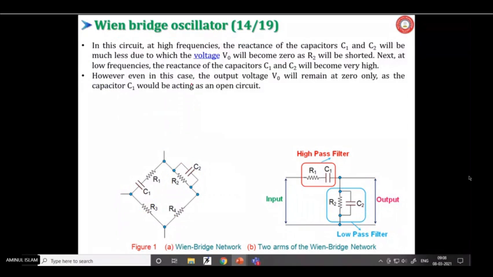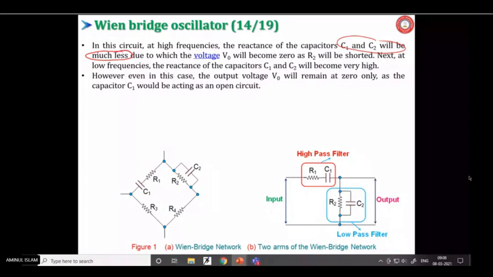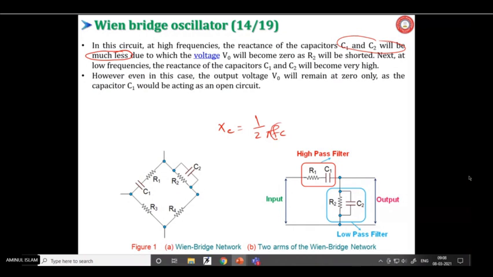In this circuit, at high frequencies, the reactance of C1 and C2 will be much less. We know that Xc equals 1 upon twice pi Fc. If frequency is very high, this may be closer to 0. The reactance of the capacitors C1 and C2 will be much less.